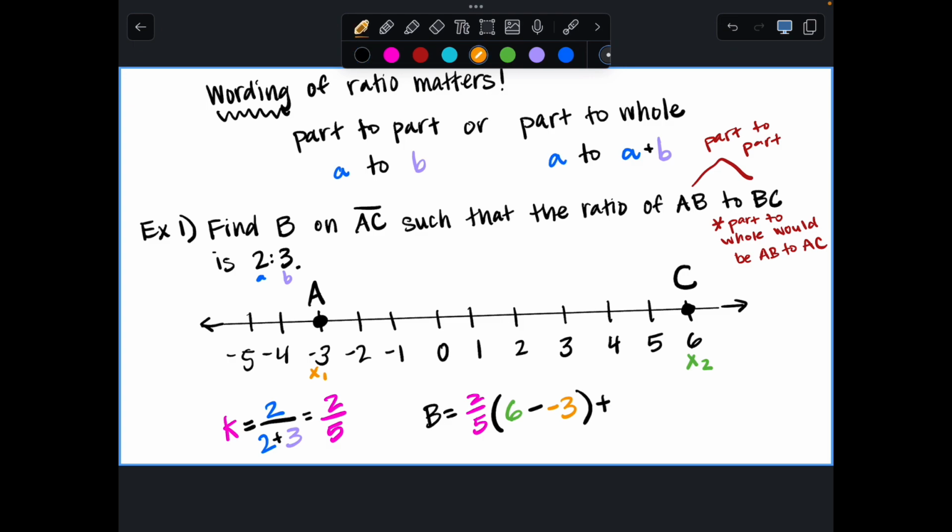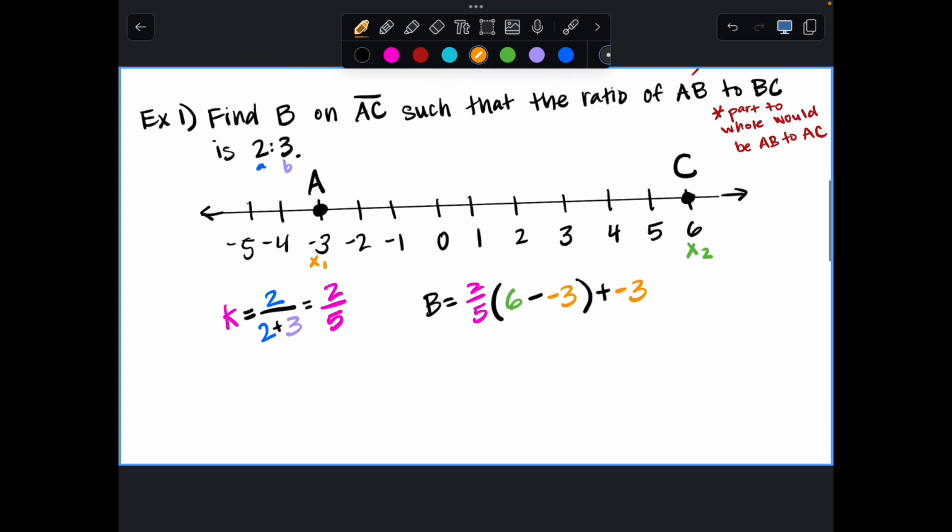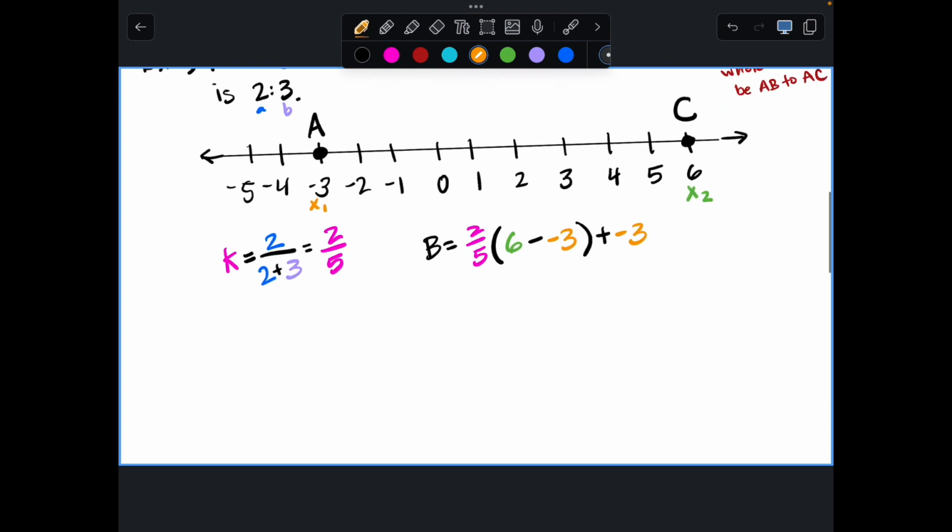And then we add x1, which is -3 again. All right, so first thing I'm going to do is make these plus signs because remember, subtracting a negative is adding. Now I distribute.